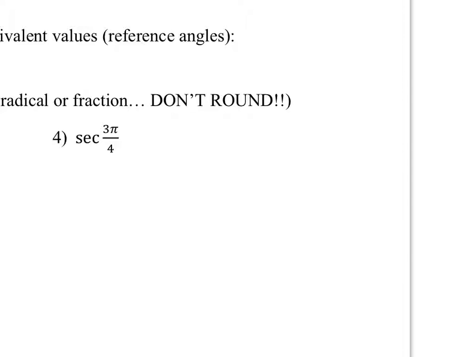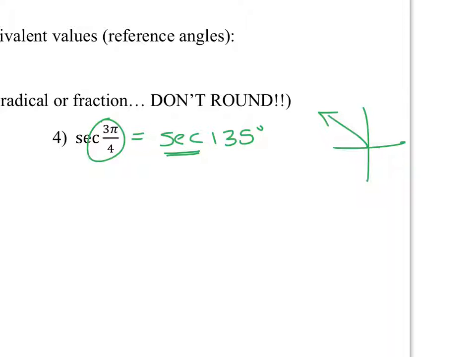Okay, so if we want to find the secant, we'll do a little reciprocal functions here. If we want to find the secant of 3 pi over 4, convert this, and we get 135. Secant kind of messes with us a little bit.